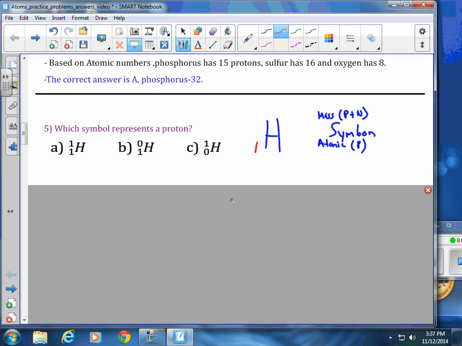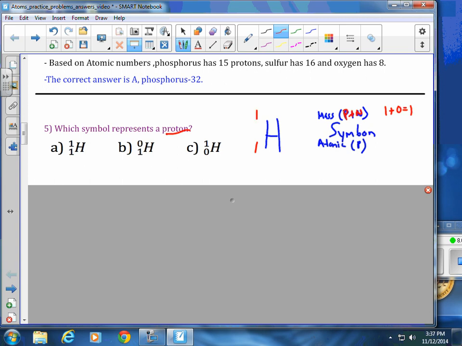And then now my top number is protons plus neutrons, but think about this. I only want a proton. There's no neutrons in this. So what's 1 plus 0? It's going to be 1. So 1 plus 0 equals 1.